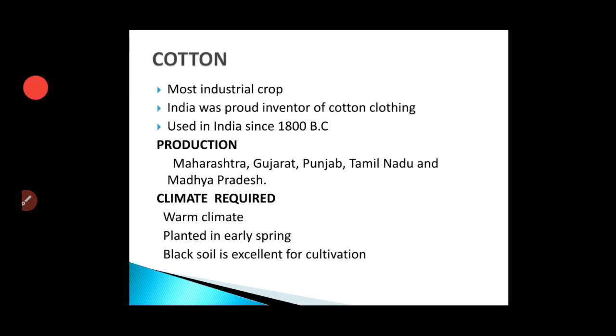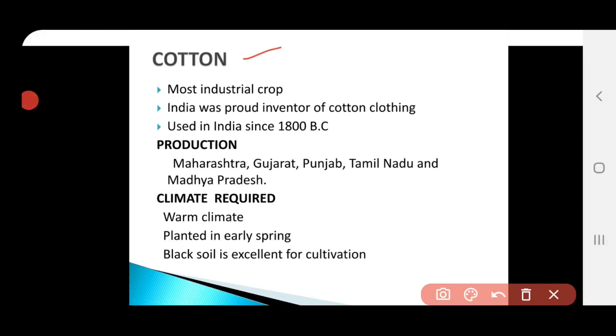Okay, cotton is the most important industrial crop, and India was the proud inventor of cotton clothing. In India, cotton has been used since 1800 BC, so we have been using cotton for a very long time. Cotton production is well known in Maharashtra, Gujarat, Punjab, Tamil Nadu, and Madhya Pradesh.